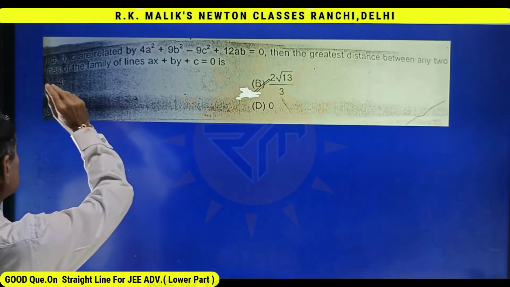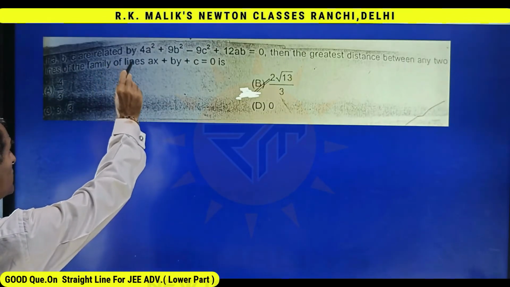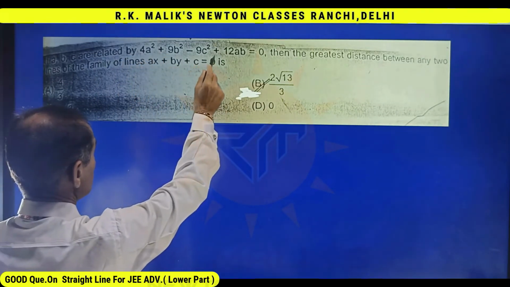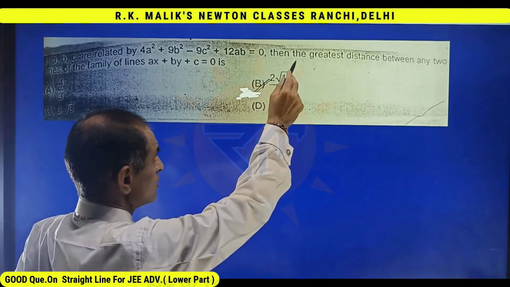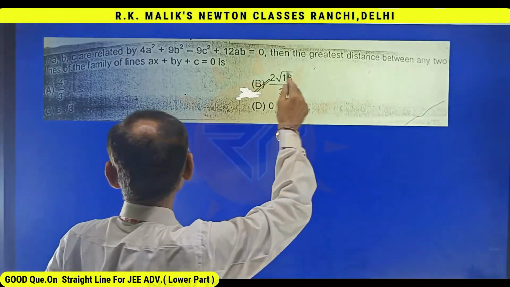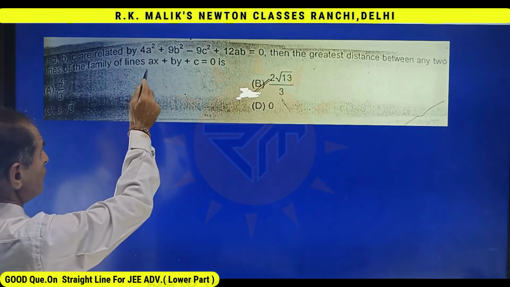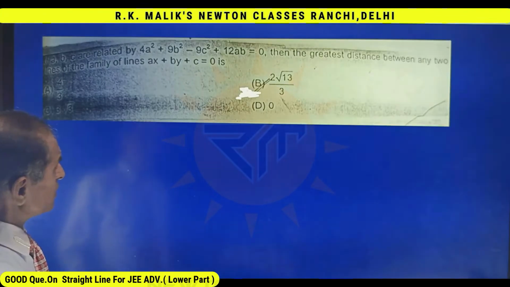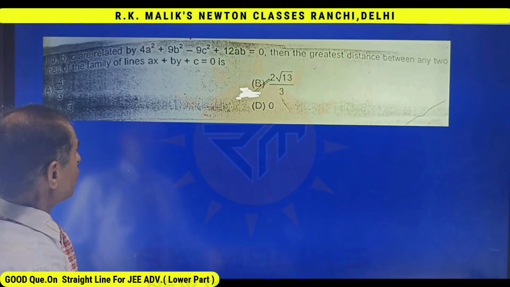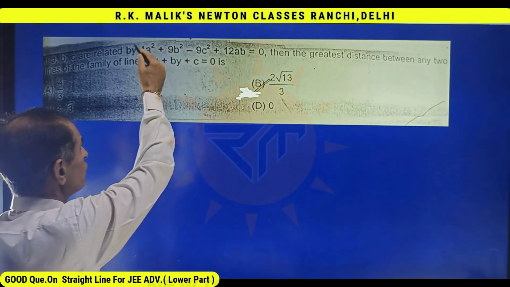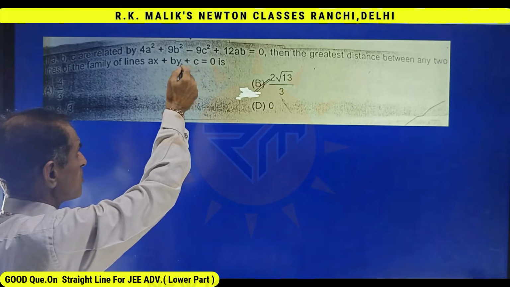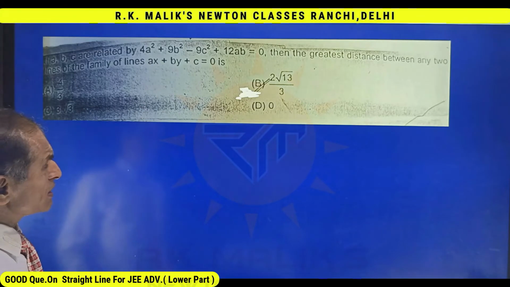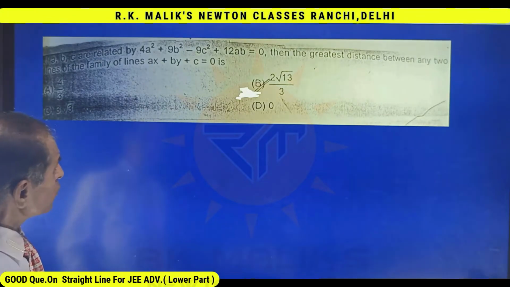In this question, he is asking that if a, b, c are related by this equation 4a square plus 9b square minus 9c square plus 12ab equal to 0, then find the greatest distance between any two lines of the family of lines, and you have to find the correct choice. The given information means that for all the values of a, b, c which satisfy this equation, if I put those values in this equation, I will get two families of concurrent lines.